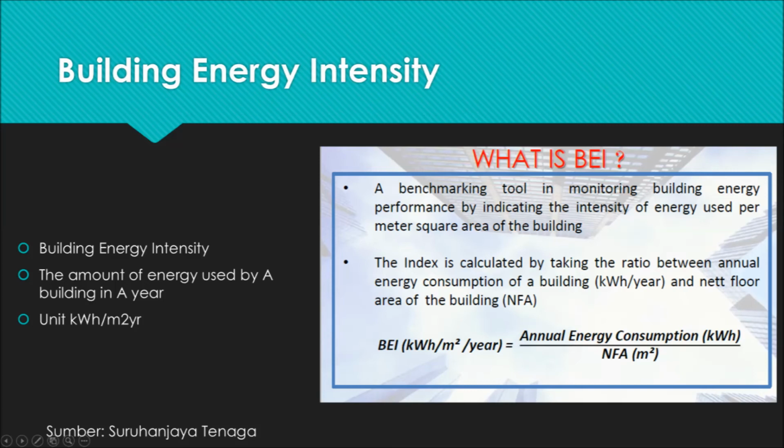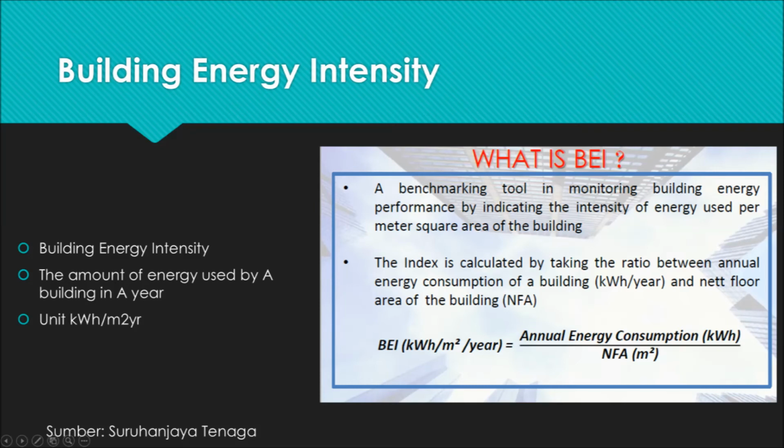So the bigger the building, of course, the more energy is used in a year, but you normalize this by comparing the amount of energy used per square meter. So BEI is basically the amount of energy used by a building in a year per square meter, and the unit is kilowatt hour per meter square per year.